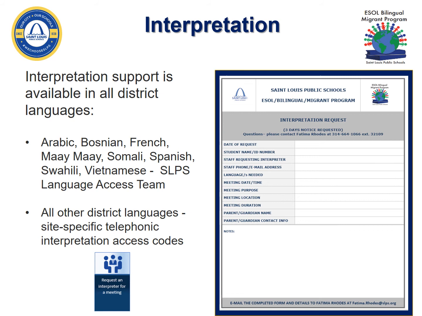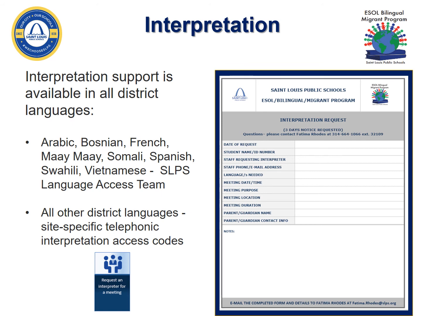For example, the telephonic access code should be used to support your communication with an ELL parent who speaks Kinyarwanda, as this language is not represented on the District Language Access Team. It is recommended that conversations stay within a 15-minute time frame when using the telephonic access code.